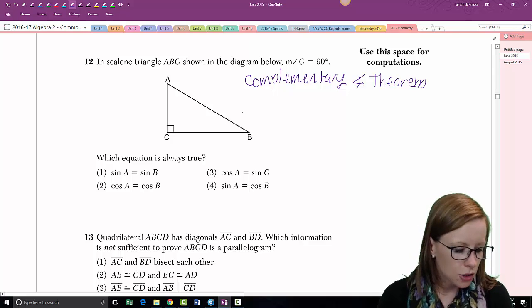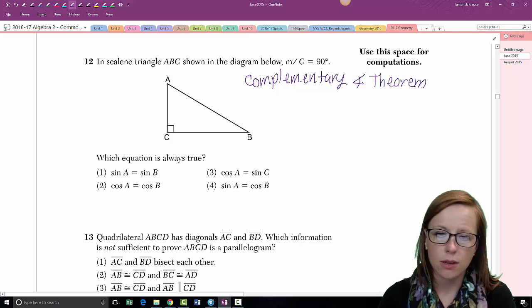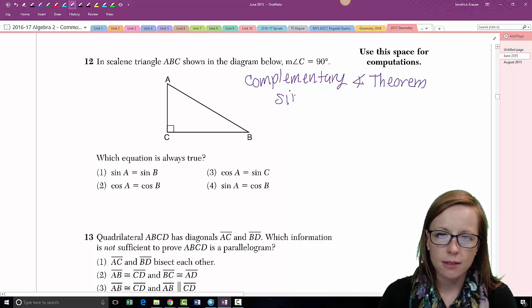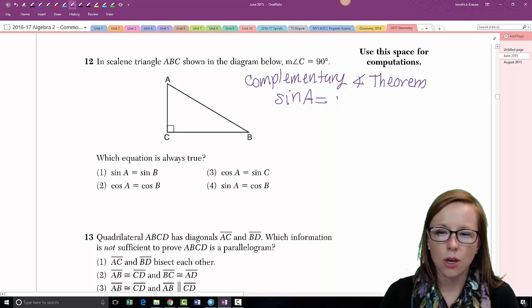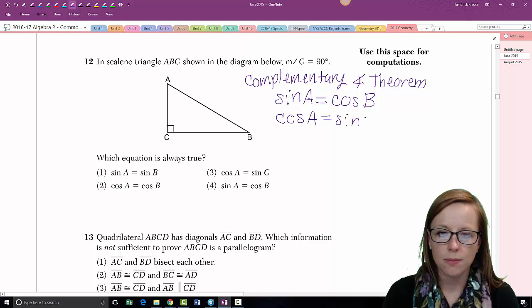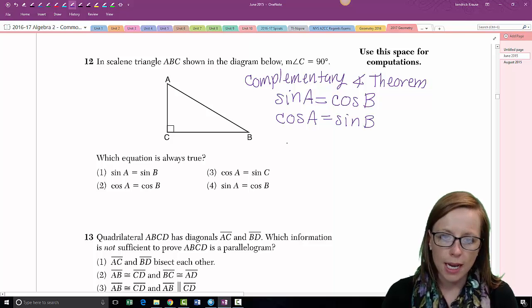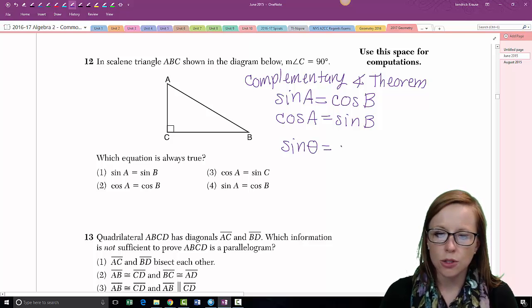It says in a right triangle, the sine of A, the non-right angle, is equal to the cosine of the other angle. Vice versa is true. Cosine of A is equal to sine of B. It's also written as the sine of theta is equal to the cosine of 90 minus theta.